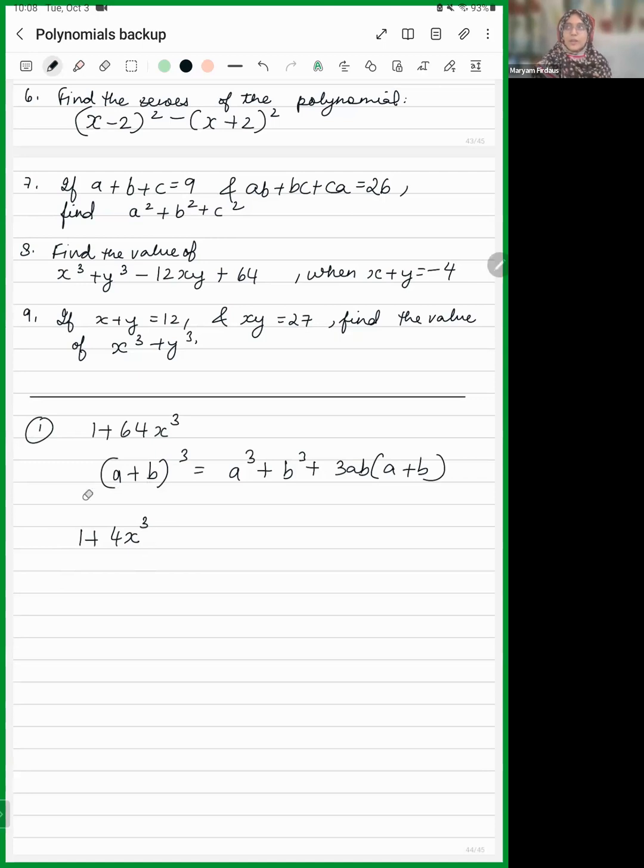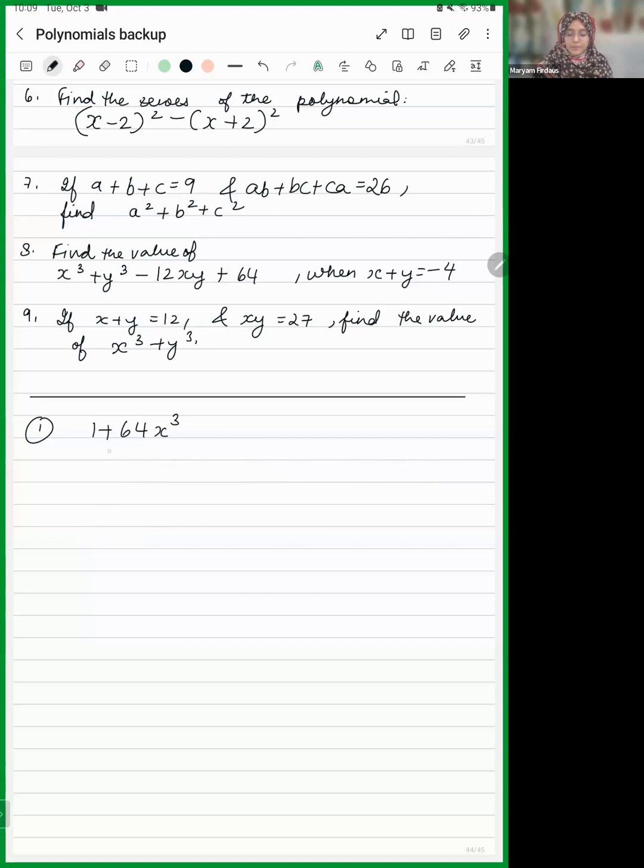Okay, what have you done after this? This we are supposed to factorize. That means we are supposed to bring it to a form where you can just see brackets. Brackets means factorization.